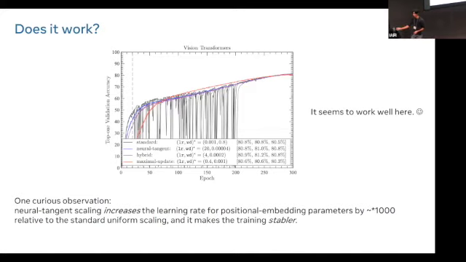Can I ask a quick question? Sure. It seems like in this plot, everything converges to the same point. Also, you have to zoom into the last point. The numbers at the end in the legend are accuracy. Okay, but it's a tiny difference. Sometimes people care, sometimes people don't.